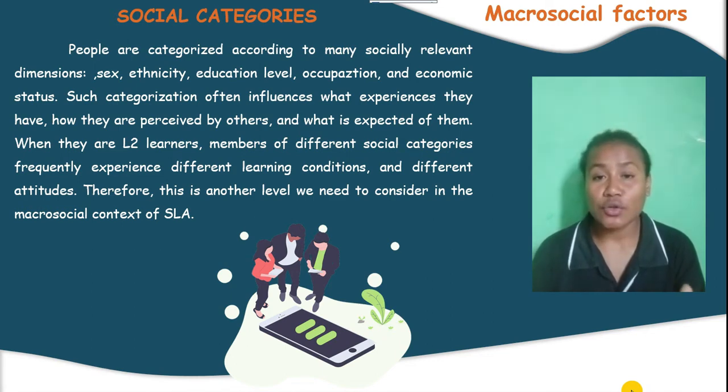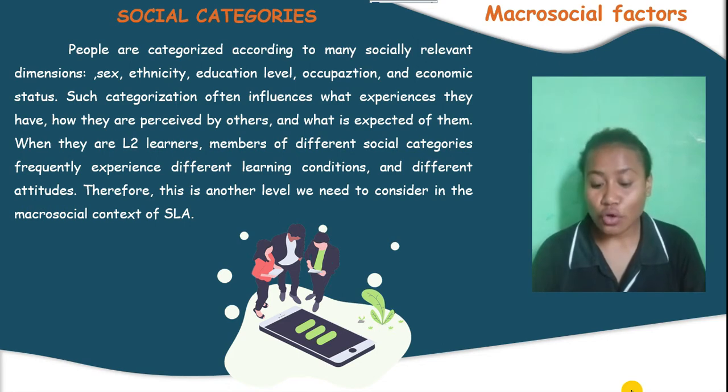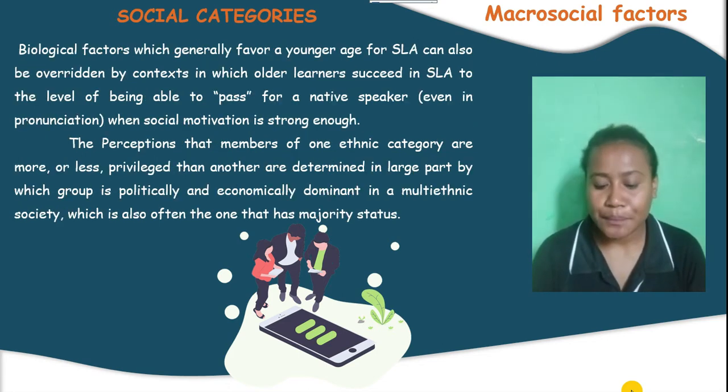When they are L2 learners, members of different social categories frequently experience different learning conditions and different attitudes. Therefore, this is another level we need to consider in the macrosocial context of SLA.